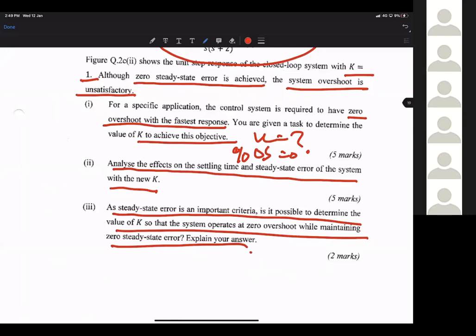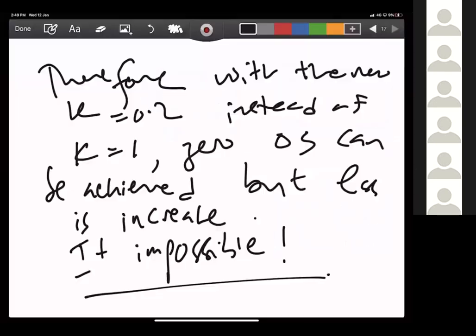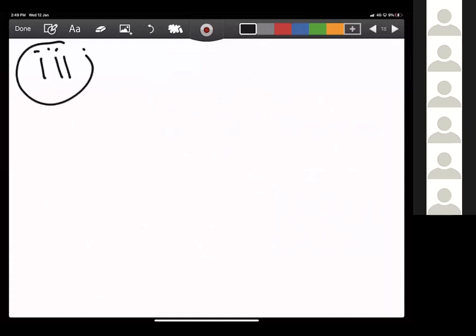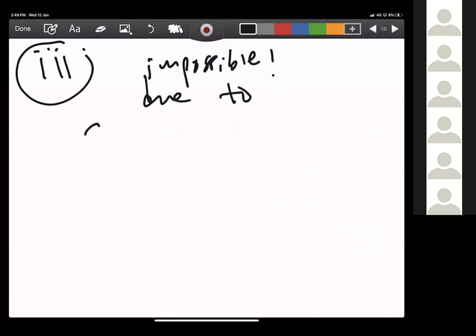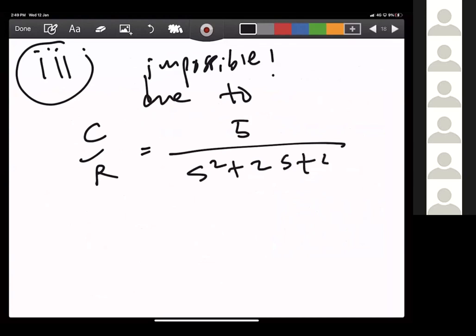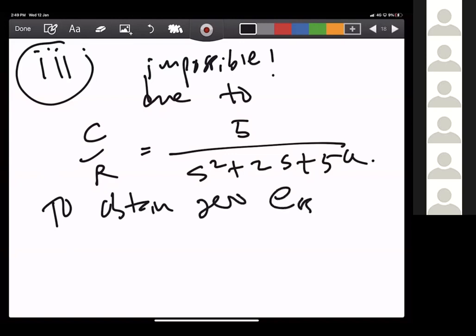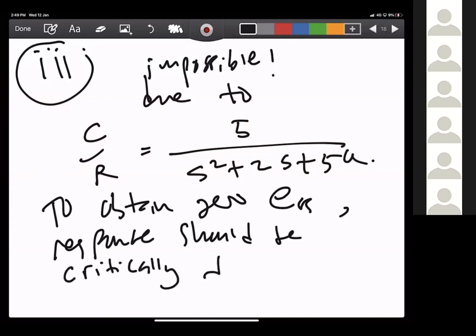Like I mentioned just now for part 3, the closed loop 5 should be critically damped or overdamped.